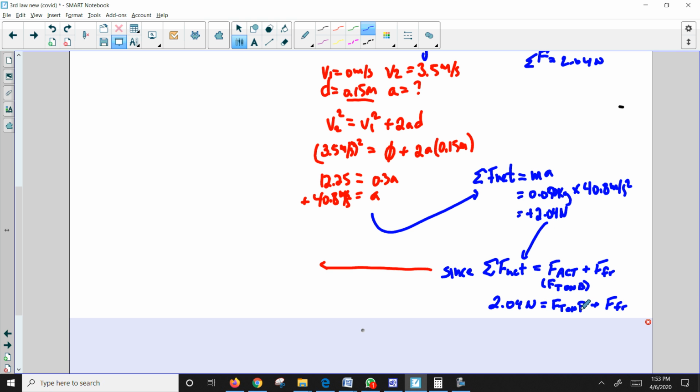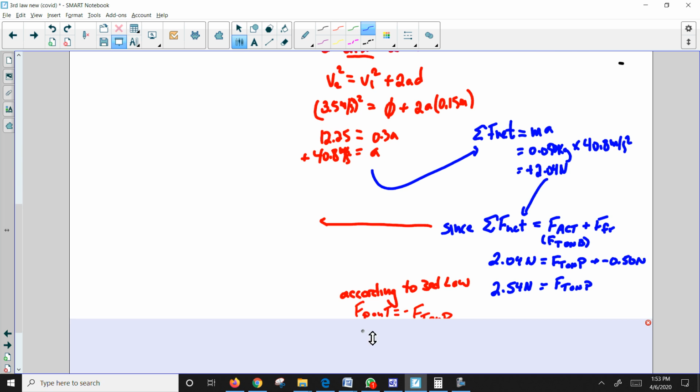The tank on projectile, that's going to be the action force. I'm trying to solve for that, and I know that a friction force is going to be backwards. It's going to be 0.50 newtons backwards. So when you solve, you're going to end up with 2.54 newtons. That's your actual action force. So some of this force went towards accelerating, and some of the force went towards the force of friction here. Okay, that's why it's a little bit larger.